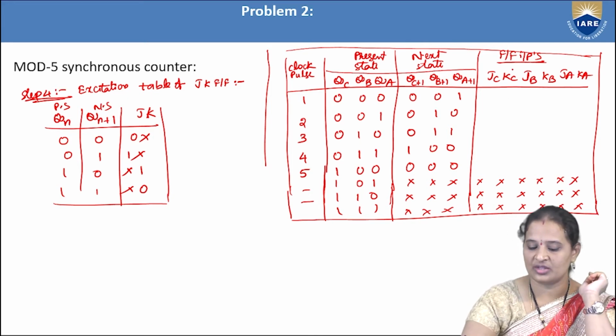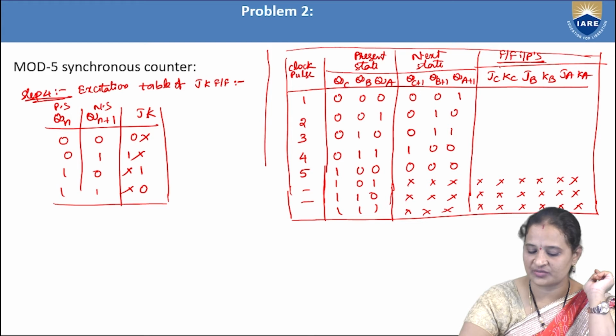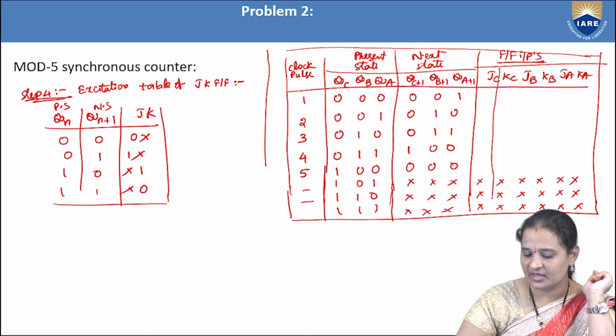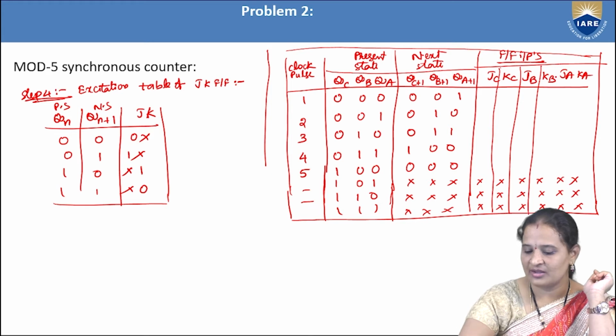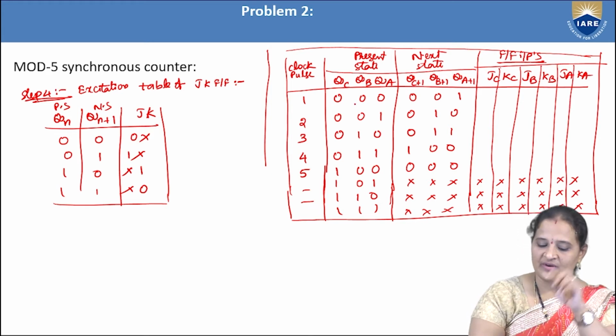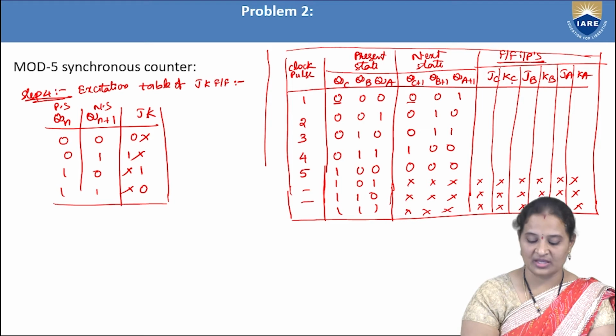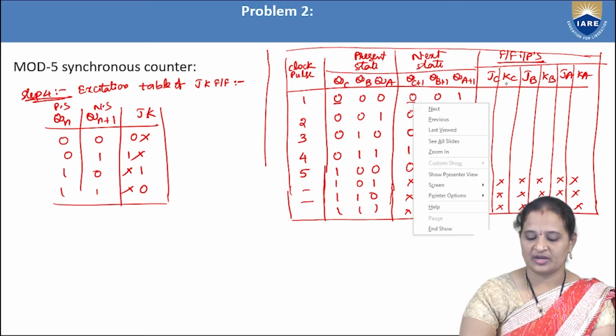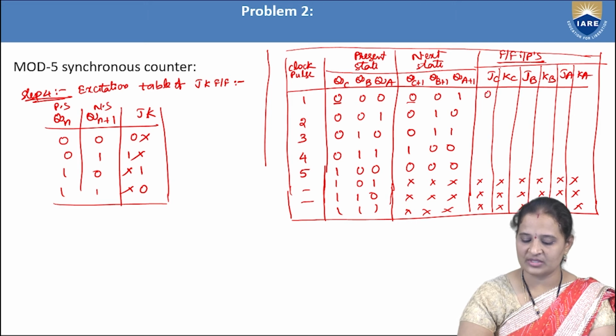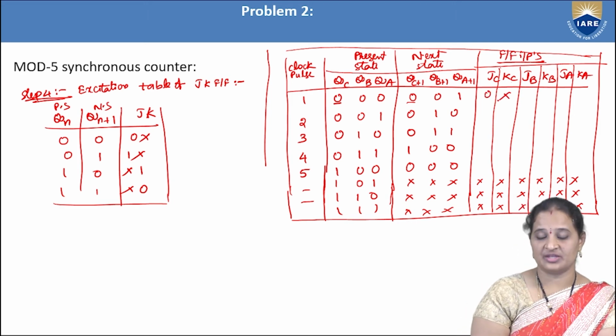Now let us derive the equations for JC, KC, JB, KB, JA and KA. First consider JC, KC and QC plus 1. What is the transition we have? 0 to 0. That means we can have the values as 0, don't care from the excitation table.